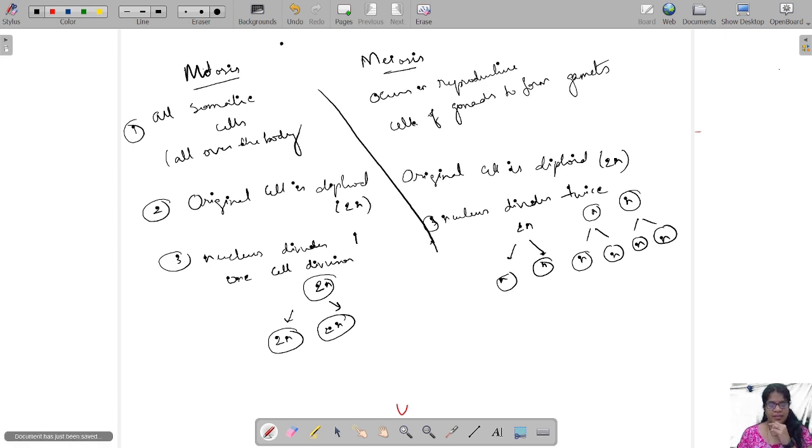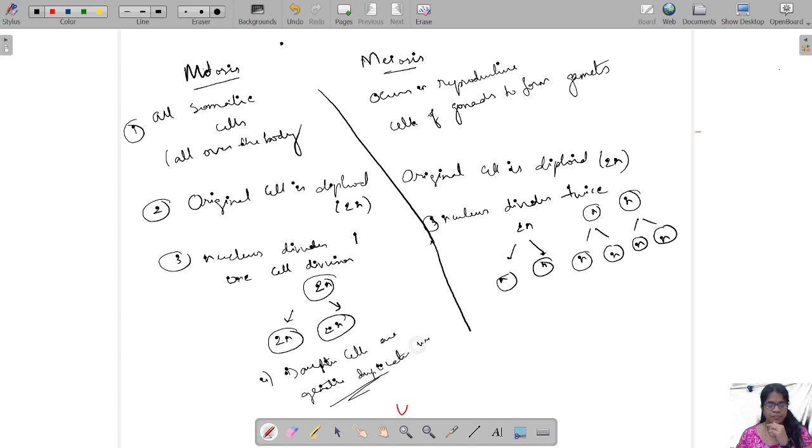For your easy understanding, I'm just drawing it. Okay, please remember the main point: in mitosis the daughter cells are genetic duplicates. They are an exact copy of the parent, right?